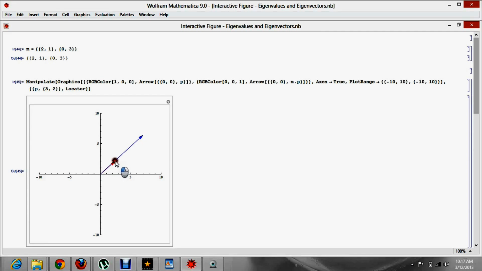Now, what is the scaling factor? Well, that's not particularly clear, but it seems like a reasonable guess to say at this point, how long is the blue vector? Well, the blue vector is about 3 times as long as the red vector. And that's actually what's happening here. Our scaling factor, remember, is going to be our eigenvalue. And this red input vector will be the eigenvector.